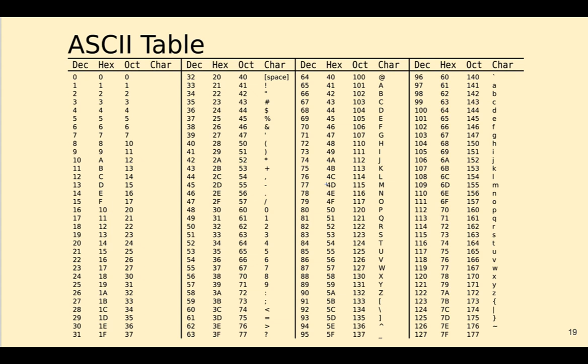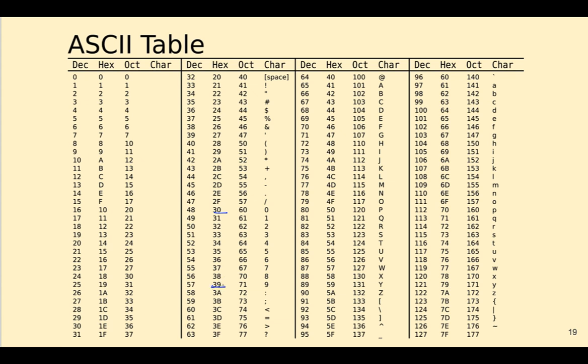Here's the ASCII table showing you which characters can be represented in this encoding scheme. Notice some nice things about this. One is that the digits 0 through 9 can be represented as 30 through 39 in hex.